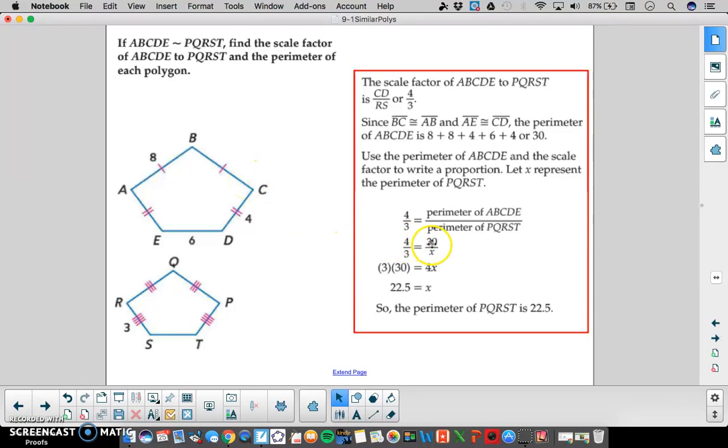We want to make sure that we set it up in the right way. 3 is on PQRST, and X represents the perimeter that we're trying to find. So now cross multiply 3 times 30 and 4 times X. 3 times 30 is 90. 90 equals 4X. Divide by 4 on both sides, and we get 22.5. If we were to put 30 divided by 22.5 in our calculators, we would get a ratio of 4:3.